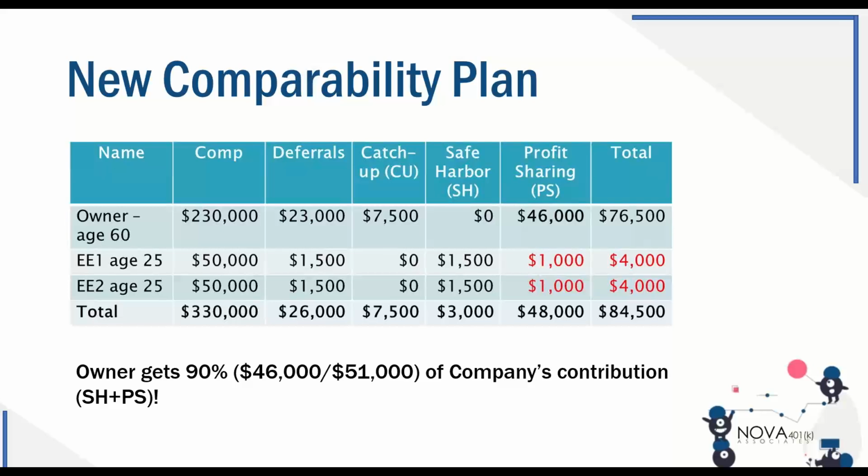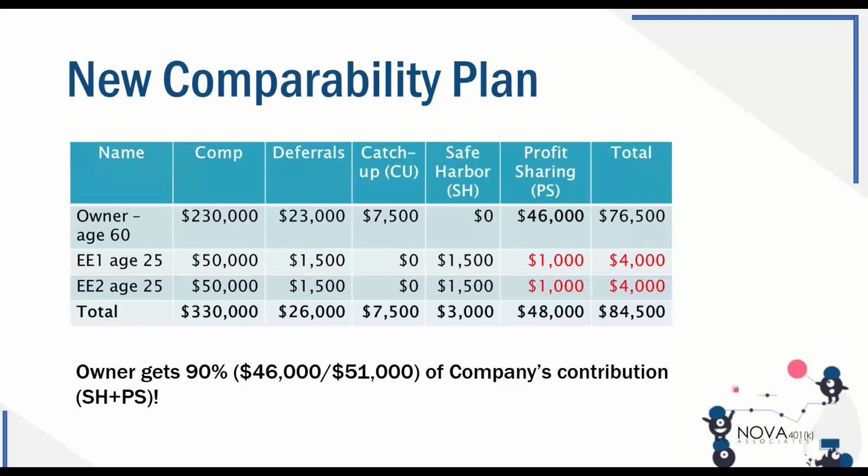In order to do that, we prepare the non-discrimination testing, and the result is that the employees each need to get $1,000 in profit sharing. So they're getting 3% safe harbor, 2% profit sharing, and a 5% total. And the owner is getting 90% of the company's contribution, whereas with the safe harbor 401k without the profit sharing, it was only 70%, I believe.